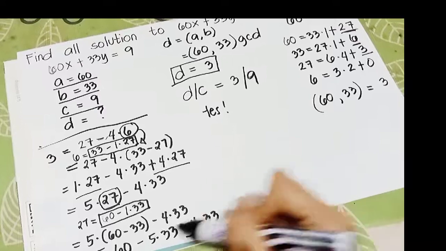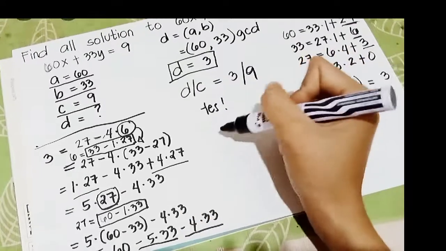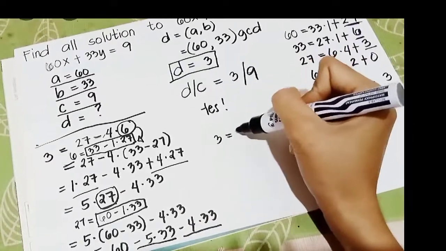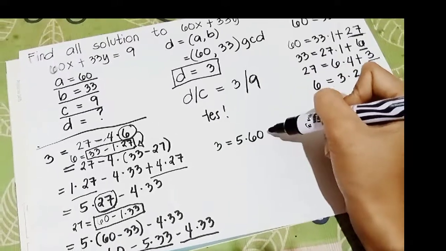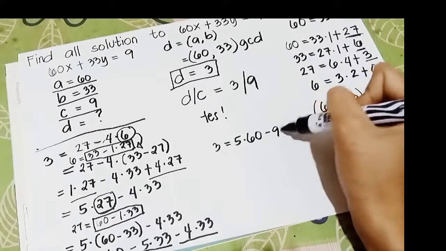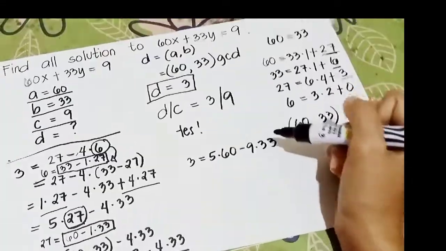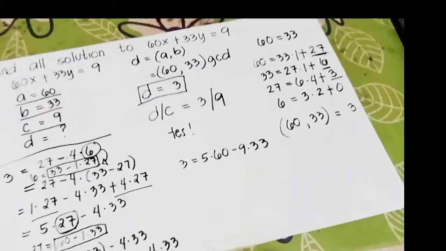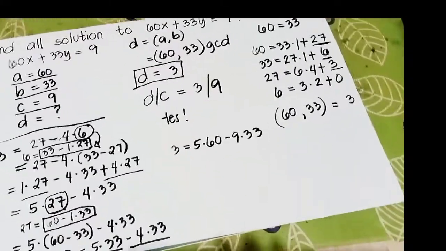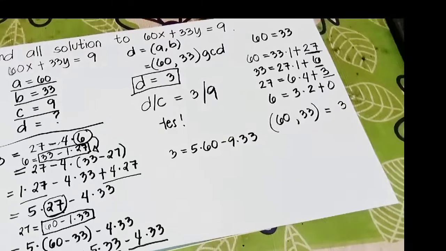So let's combine these two. So we have 3 equals 5 times 60 minus 9 times 33.